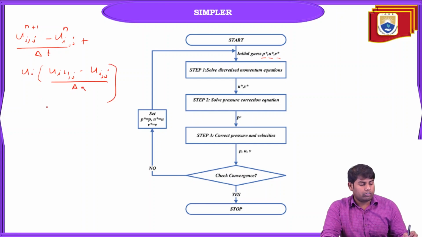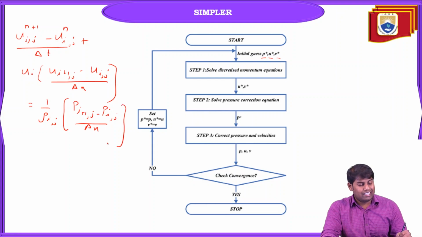So this is what we have. This is one of the discretized equations, at i comma j, equal to minus p of i plus 1 comma j minus p of i comma j divided by delta x. So this is the discretized equation of the x momentum equation.